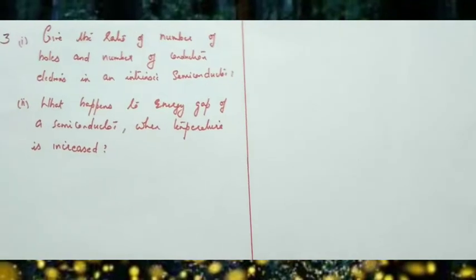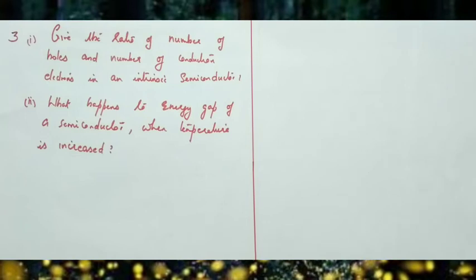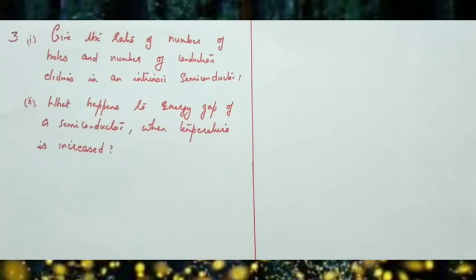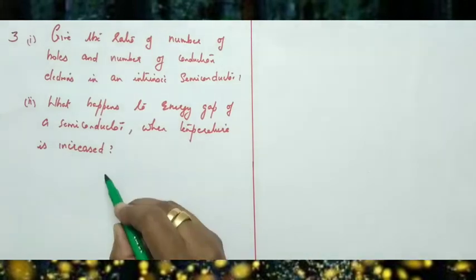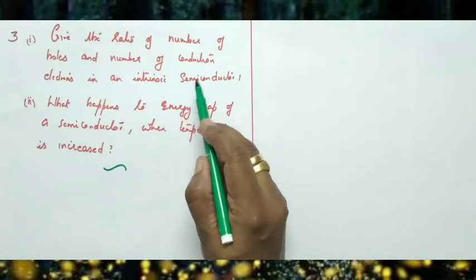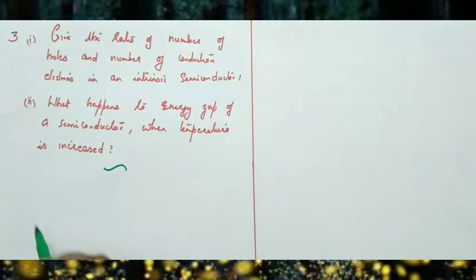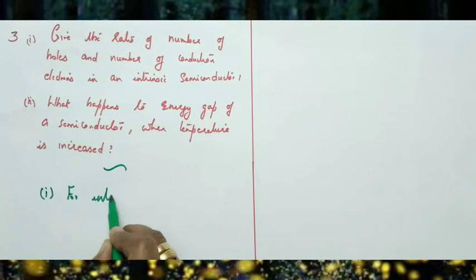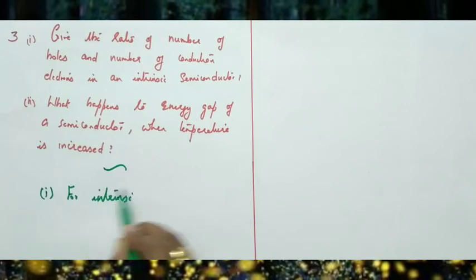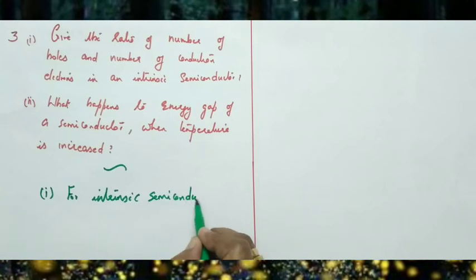Give the ratio of number of holes and number of conduction electrons in an intrinsic semiconductor. Second part, what happens to the energy gap of a semiconductor when temperature is increased? We know that for an intrinsic semiconductor, number of electrons and number of holes are equal, isn't it?